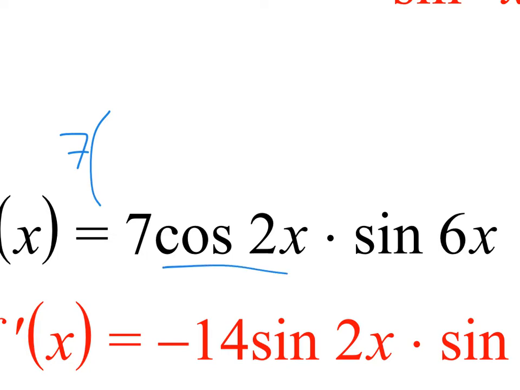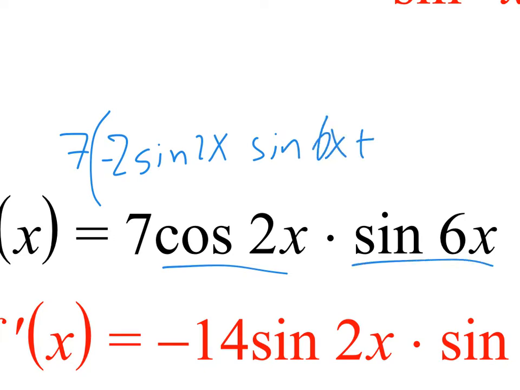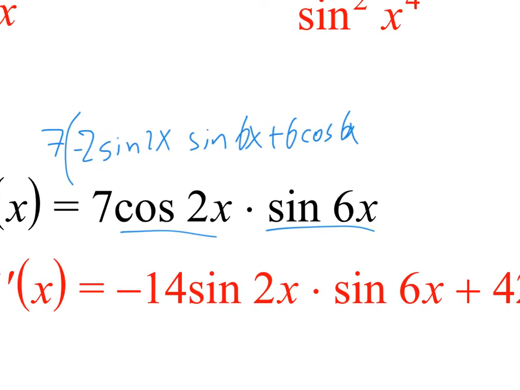Derivative of the first, which will be negative 2 sine of 2x, times the second, sine of 6x, plus derivative of the second times the first. That would be 6 cosine of 6x times the first, which will be cosine of 2x.